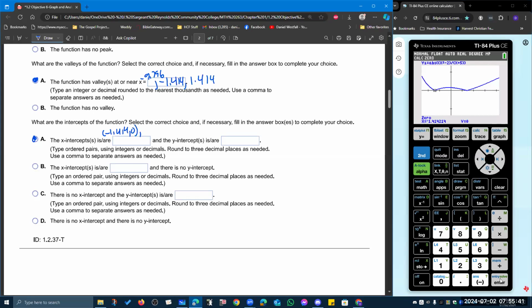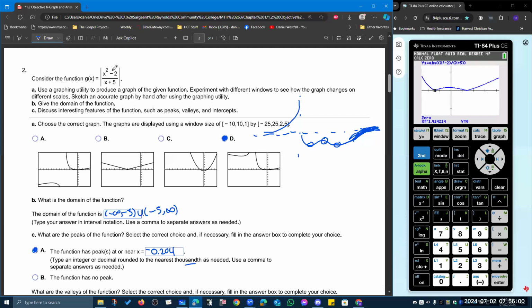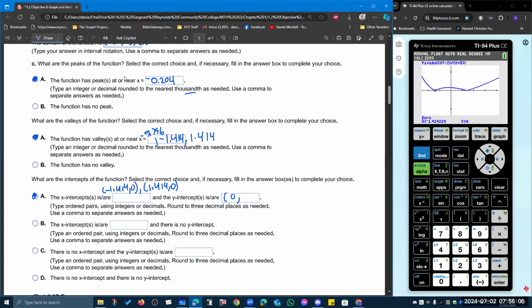And then the other one at positive 1.4140. We've already found that point over there. And then the y-intercept was 0, and it was negative 2/5, which is 0.4.